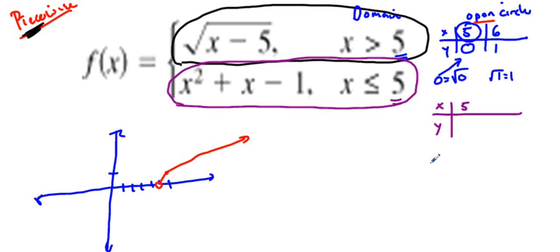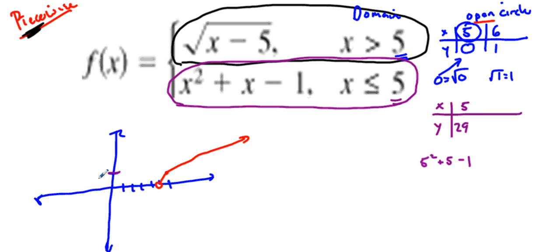When I plug in 5 in here, we have 5 squared plus 5 minus 1. So 25, 30, 29. Is that right? 5 squared is 25, plus 5 is 30, 30 minus 1 is 29.